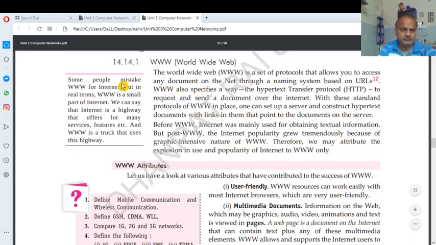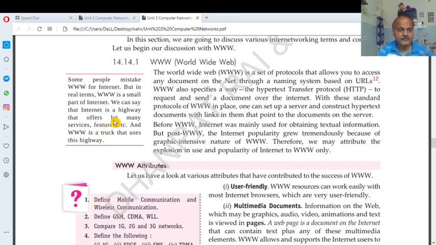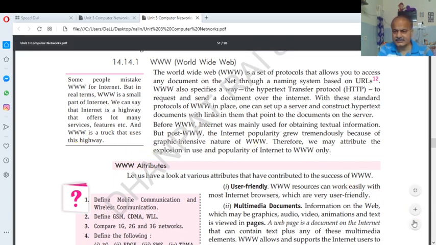Some people mistake triple W for the internet, but in real terms, triple W is a small part of the internet. We can say that the internet is a highway that offers many services, features, etc. And triple W is the truck that uses this highway. So you understand the internet is just like the highway, but the triple W is the bus or the truck.